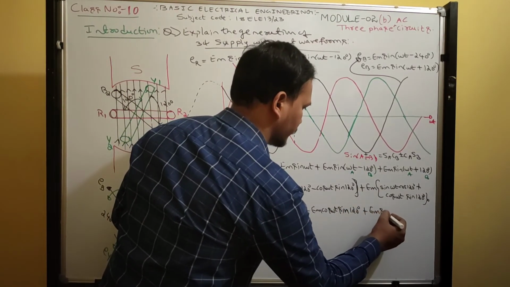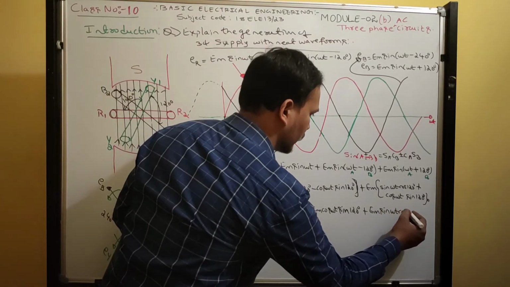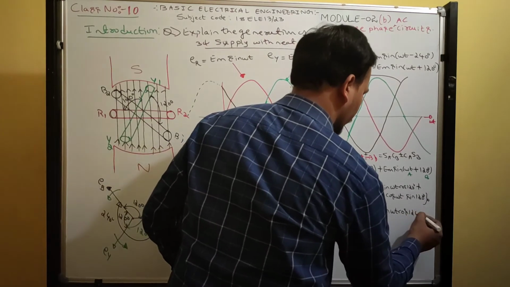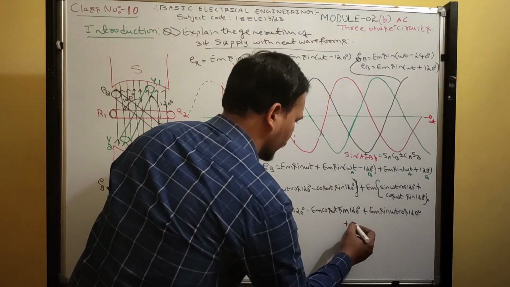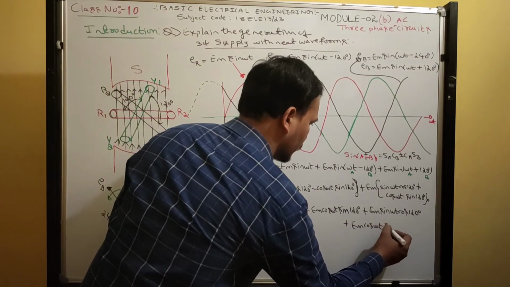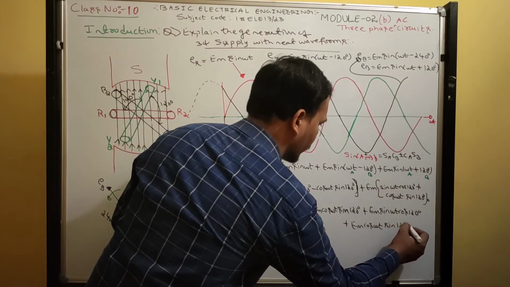Then EM sin omega t into cos 120 degrees, and plus EM cos omega t into sin 120 degrees.